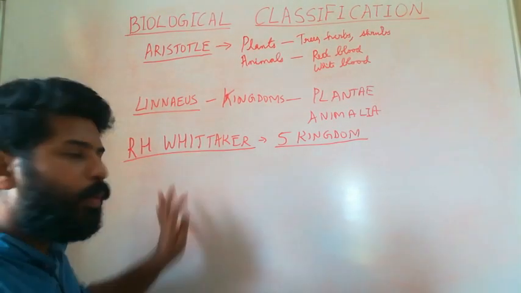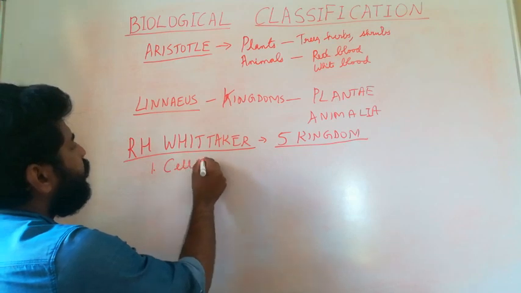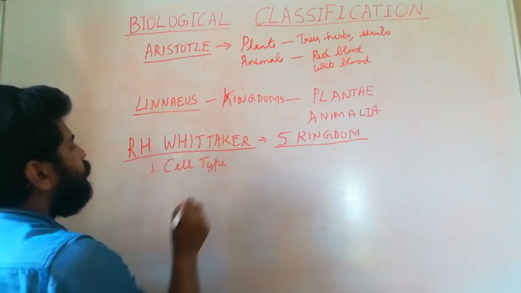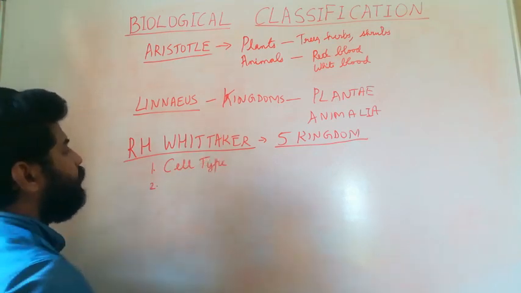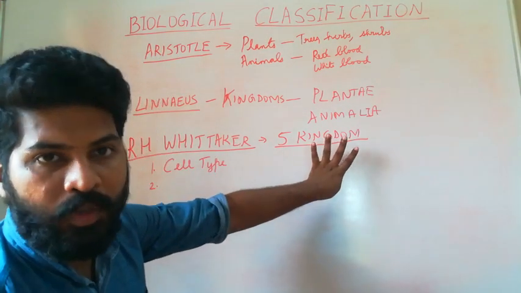Robert H. Whittaker considered the following features for arriving at this Five Kingdom System of Classification.